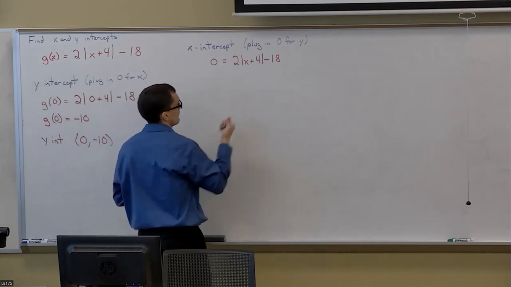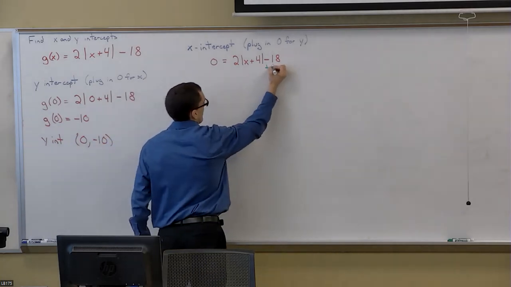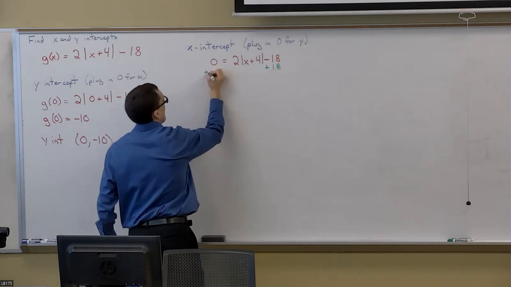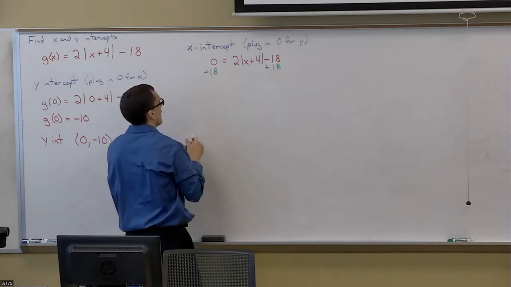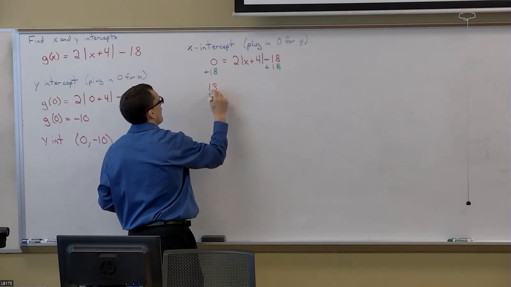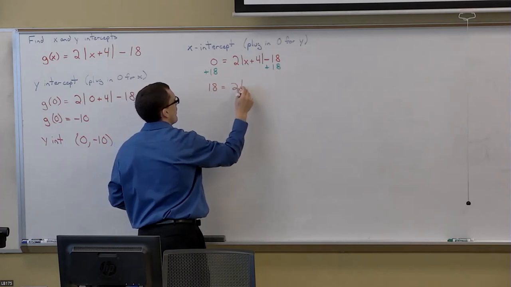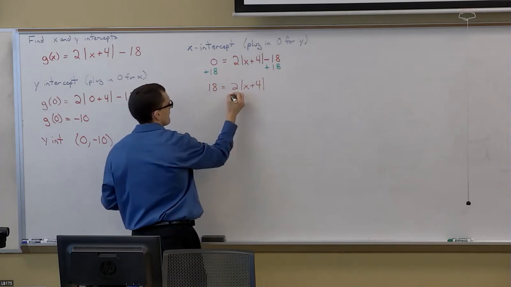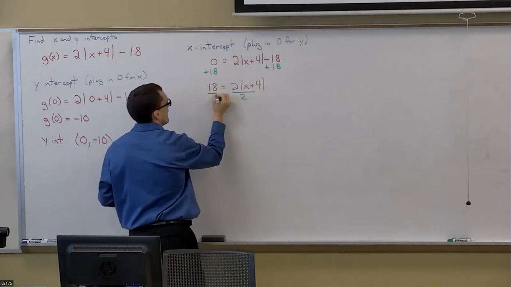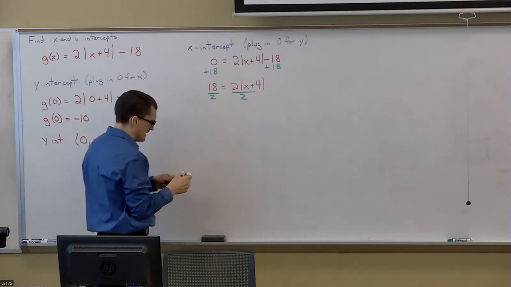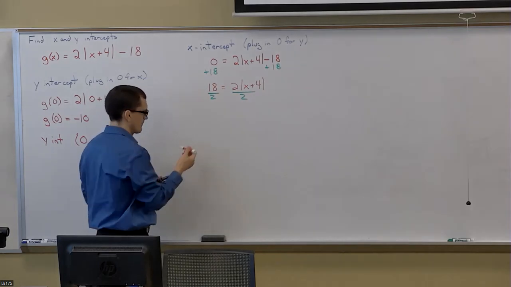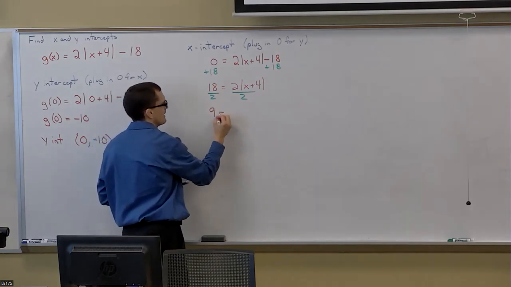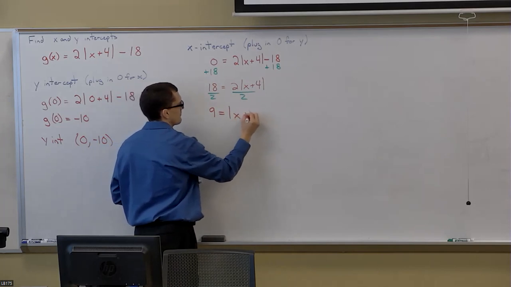First thing we want to do is isolate the absolute value. In this case, I have to add 18 and then divide by 2. I would get 9 equals absolute value of x plus 4.